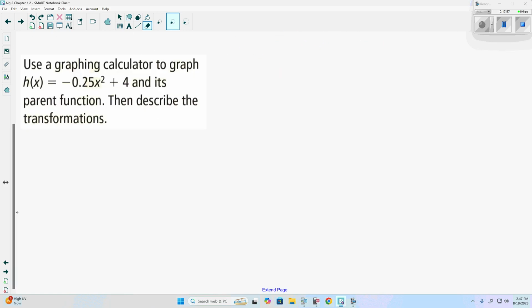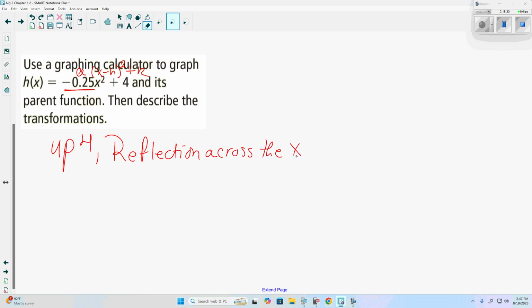Because if we look at this last one here, it is a quadratic. We are going up 4, that's our plus 4. a has 2 parts: the negative and the 0.25. Since it's negative, is a negative? Yes, if a is negative, it is a reflection across the x-axis.